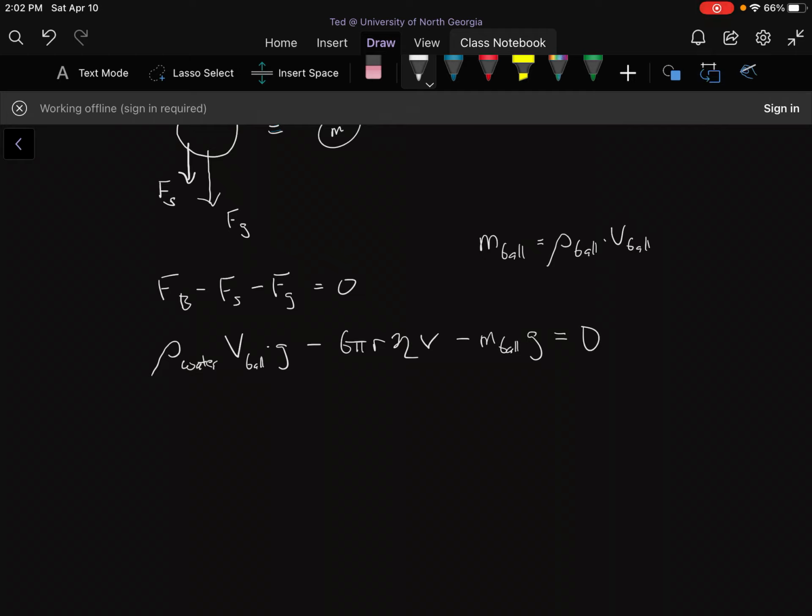And so I'm going to solve this for velocity. So the first thing I'm going to do is add that 6 pi term to both sides of the equation.